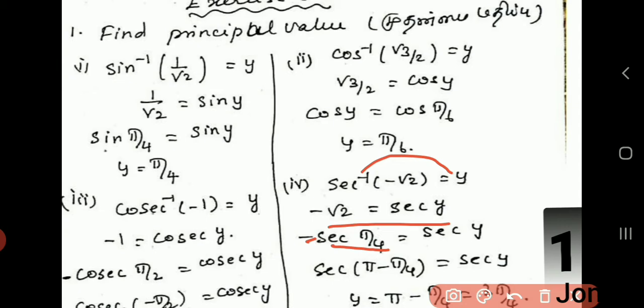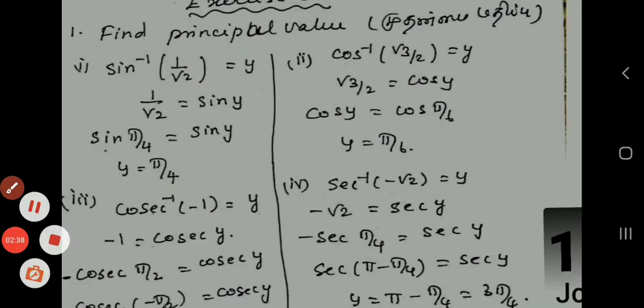So minus secant pi by 4 equal to secant y. Here we have the given function, so we want to subtract from pi now. So pi minus pi by 4, which is nothing but we have to take LCM, 4 pi minus pi, which is equal to 3 pi by 4. Therefore y equal to 3 pi by 4.